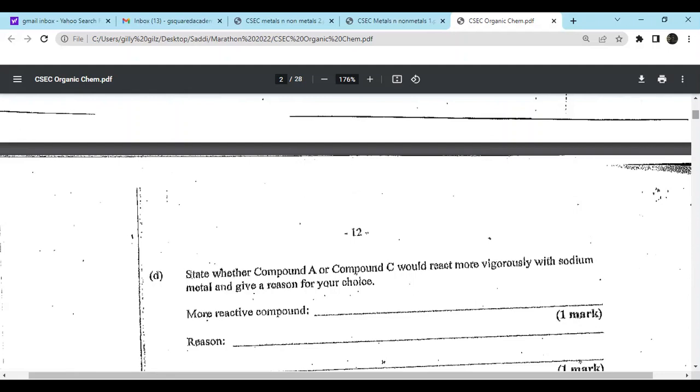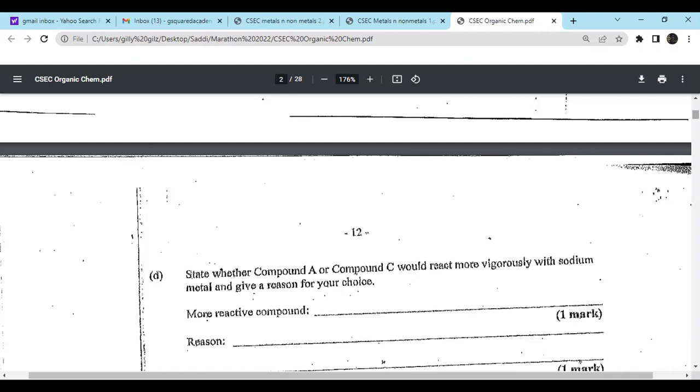Acids react with metals to give salt and hydrogen gas. So it would react more vigorously with it because you could say that acids tend to react more with the sodium, or you could say that the proton of the acid is more readily available than the proton of the alcohol.